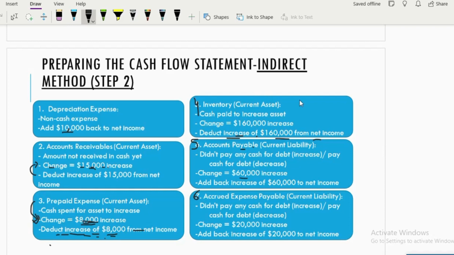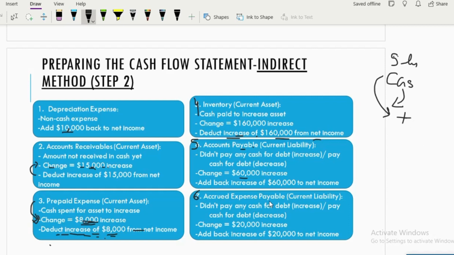If you remember, you have revenue, then you have cost of goods sold, and this cost of goods sold has some inventory items for which you did not pay the cash. So when the cash is not paid out, you have to add it back. So this increase in accounts payable we're going to add back.